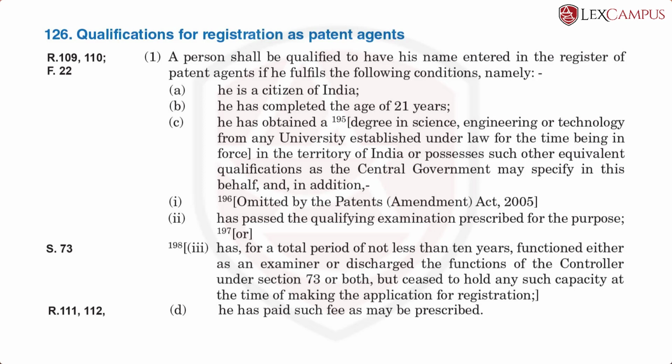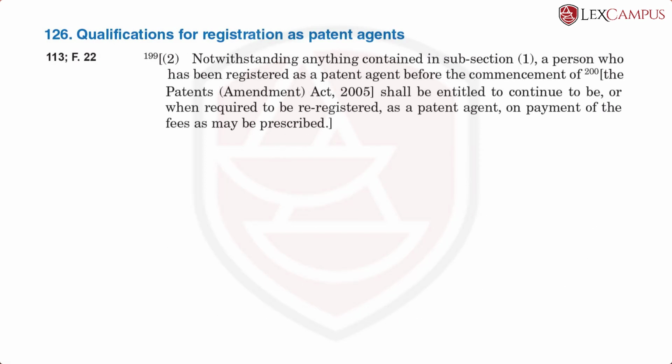In addition to that, the educational qualification and the exam is one requirement, because you need to satisfy both, and should have paid the registration fee and the renewal fee as prescribed. A person who has been registered as a patent agent before the commencement of the Patents Act shall be entitled to continue as a patent agent.